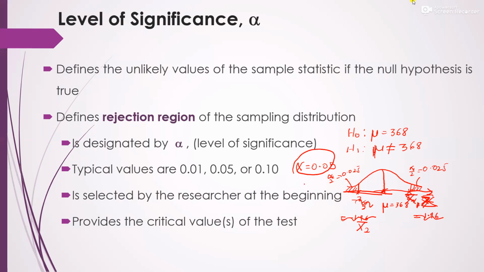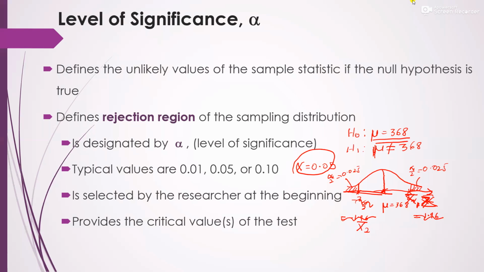With mu equal to 368, based on mu and alpha, we can decide X1 bar and X2 bar. Then by comparing our sample result with X1 and X2 bar, if your sample mean value is greater than X1 bar or less than X2 bar, then H naught will be rejected. That means the population mean is not equal to 368.